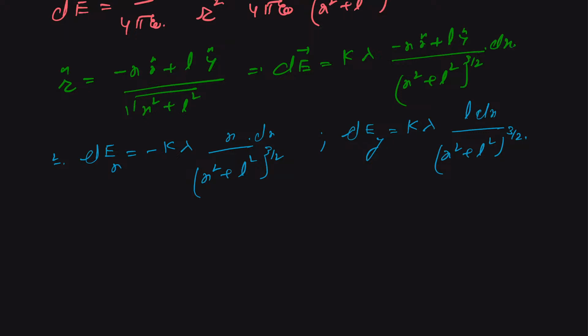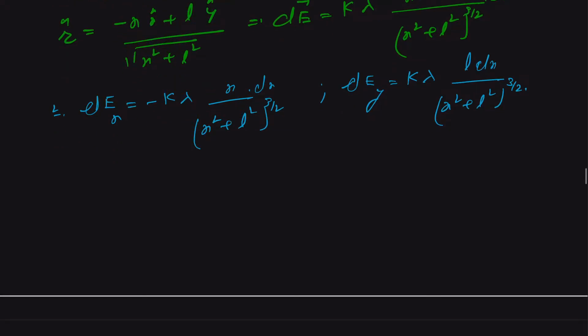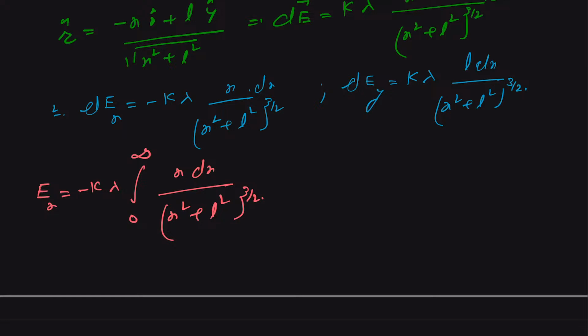And now we can simply integrate them for our complete part. So you write that our x component will be equal to minus k lambda, and for x integration goes from 0 to infinity because it is semi-infinite, and we have this as x dx over (x square plus L square) to the power 3 by 2.